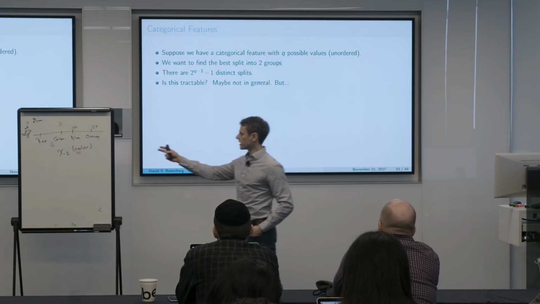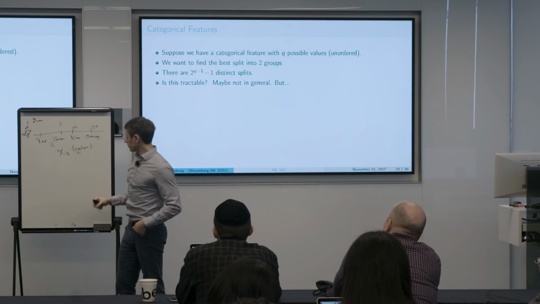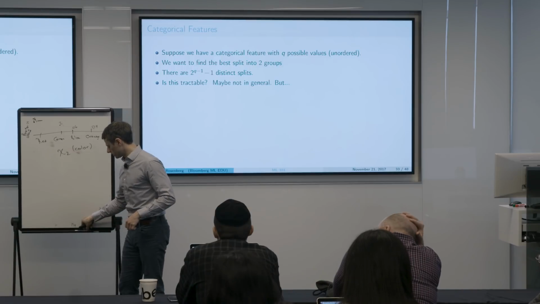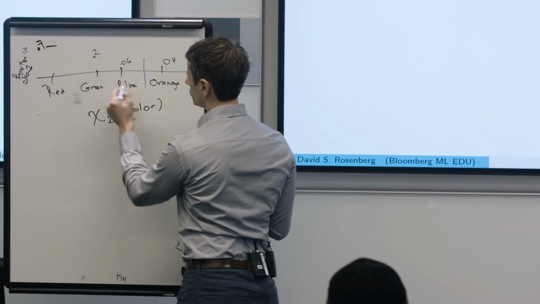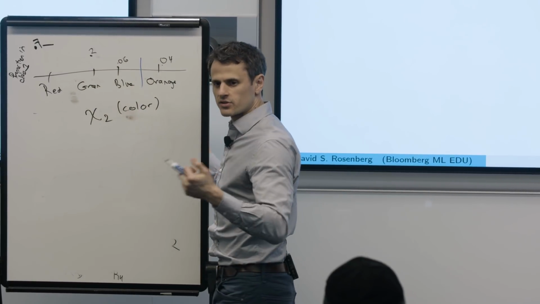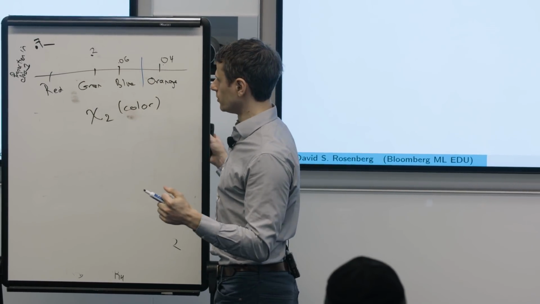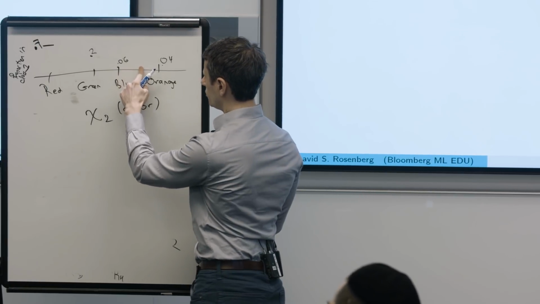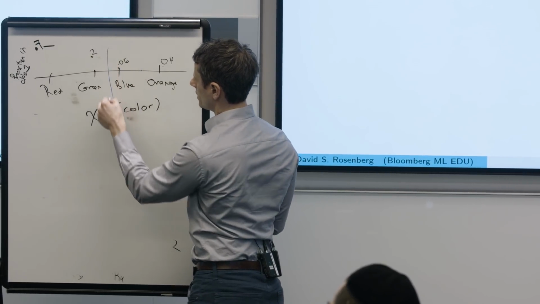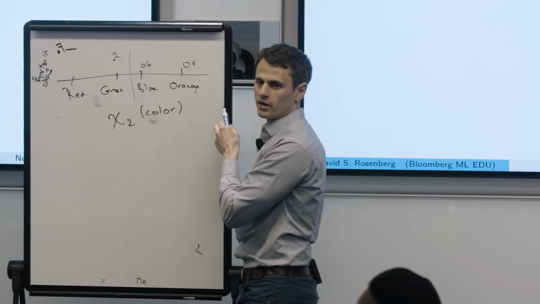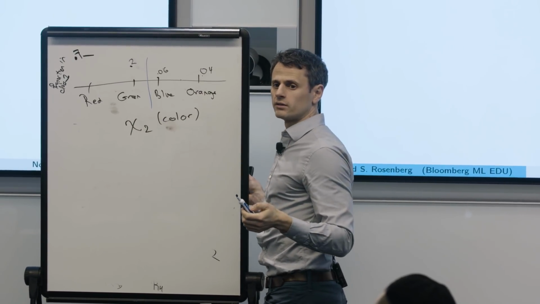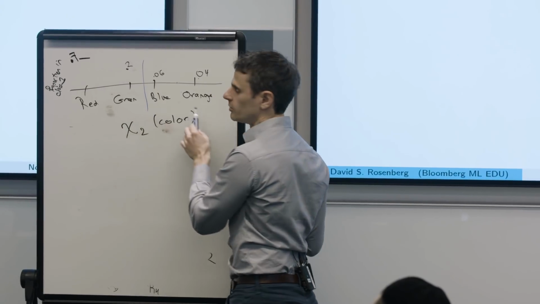Isn't this example categorical? This is categorical, yeah. But let me just make clear what we end up with. Here we're going to find the split between categories that gives the best reduction, and we could end up with this split where red and green go to the left and blue and orange go to the right. But if we did a one-hot encoding, we can only split on one of these variables at a time.